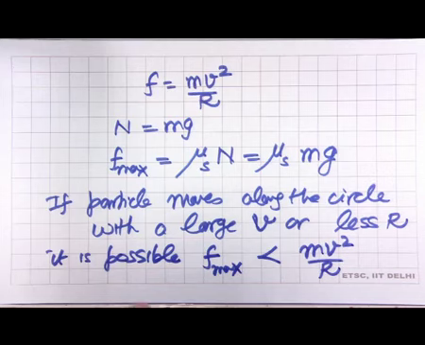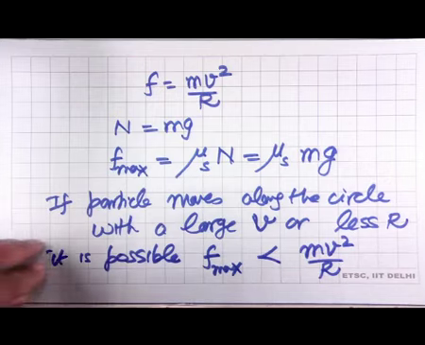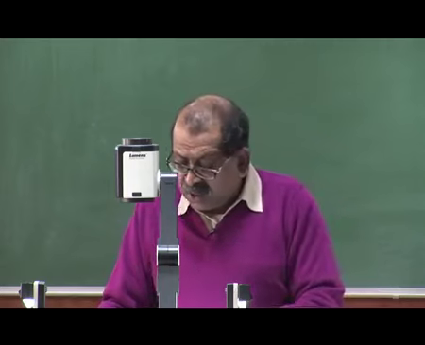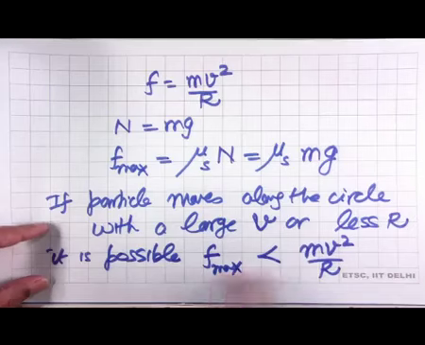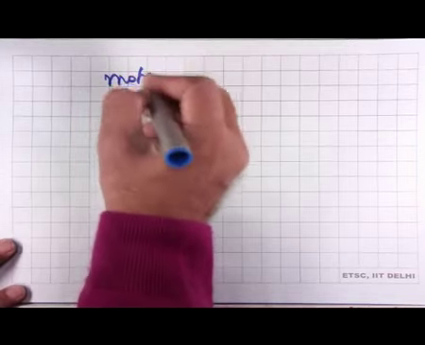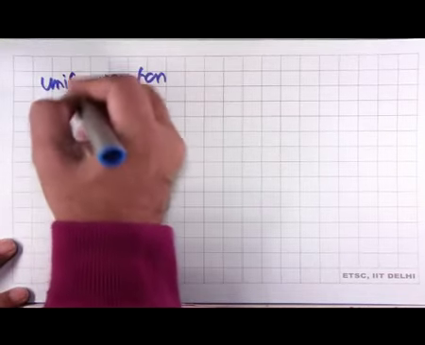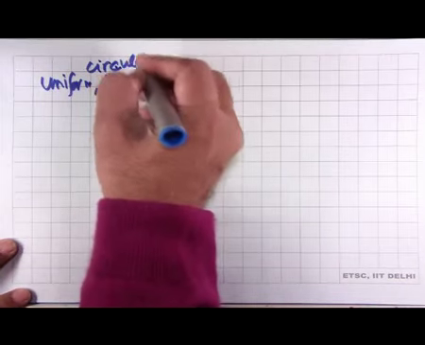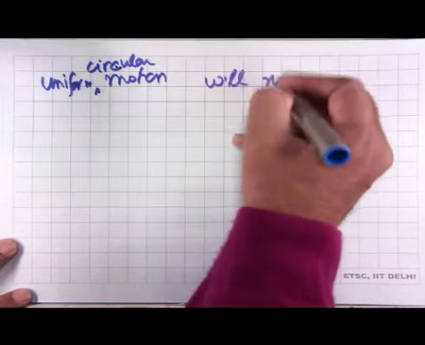Now, if the maximum or limiting value of friction is less than mv square by r, then once this value is attained, uniform circular motion will not be possible.